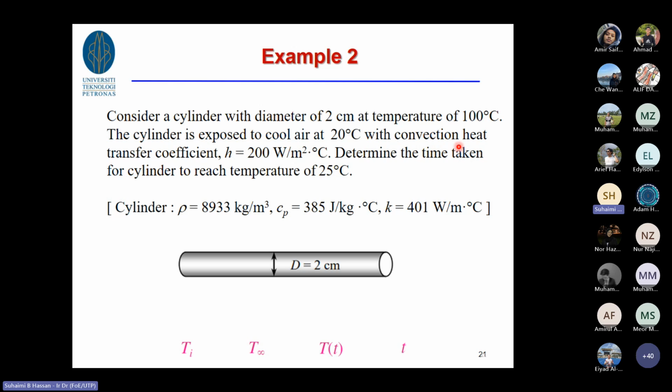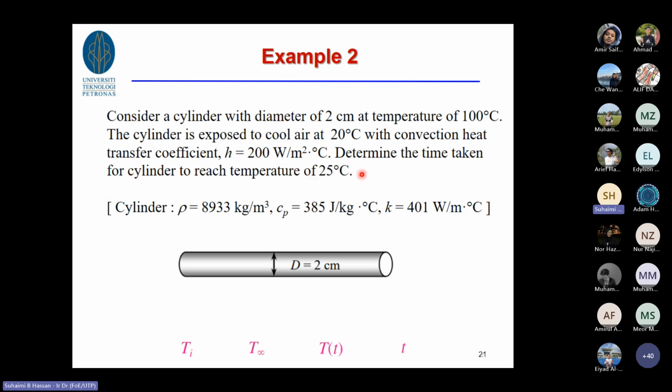Let's say T is unknown. So if T is unknown, we should have 3 parameters. Ti is 100. Ambient is 20. And the final is 25.